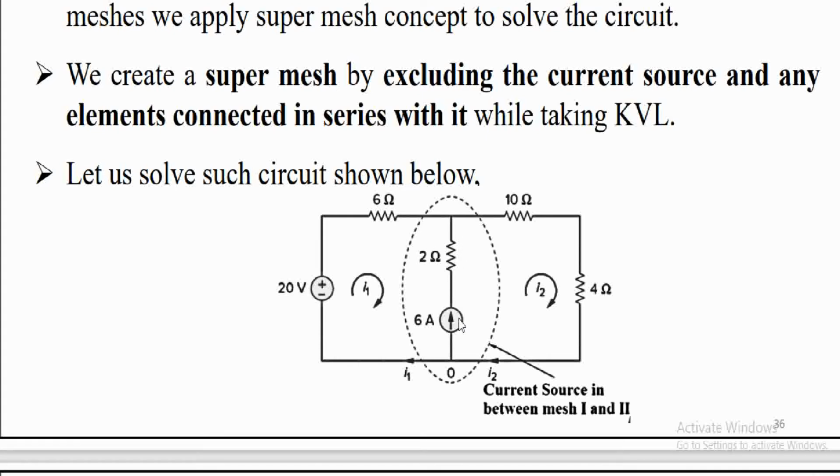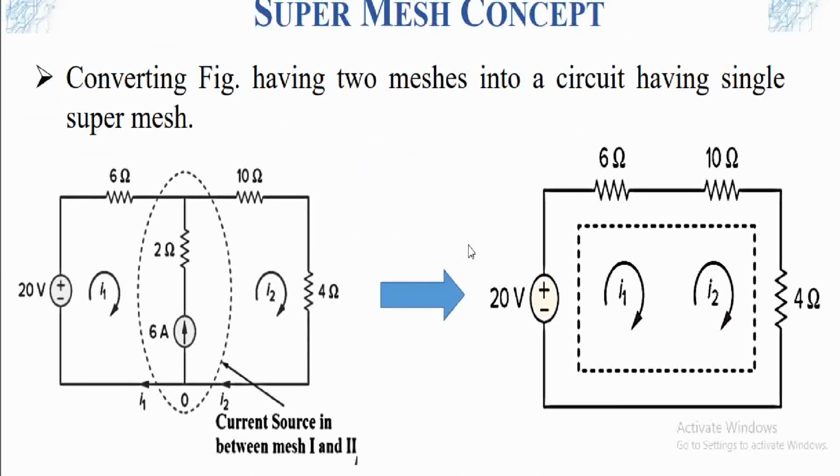In this common branch we are having a current source, and in series one more element, a resistor. So in super mesh analysis, we exclude the total branch itself. By excluding it, the 6 amp source is eliminated and the 2 ohm resistor is also eliminated. After removing this branch, the circuit looks like this.